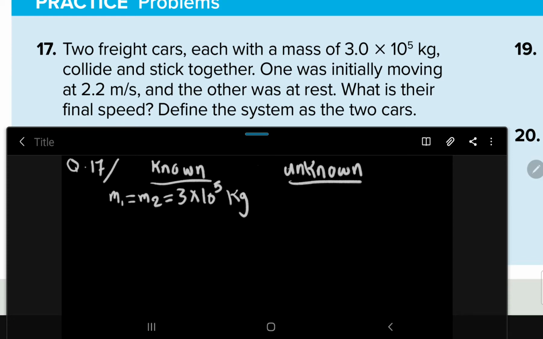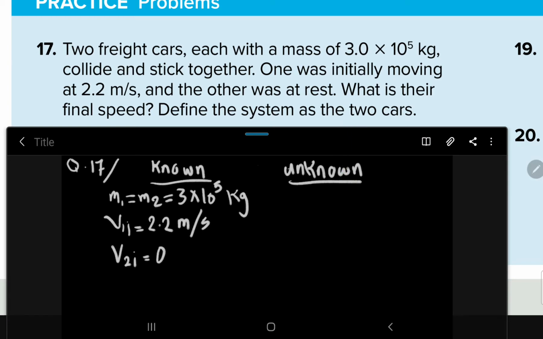One was initially moving at 2.2 meters per second, so v1 initial is equal to 2.2 meters per second, and the other was at rest, so v2 initial is equal to 0.